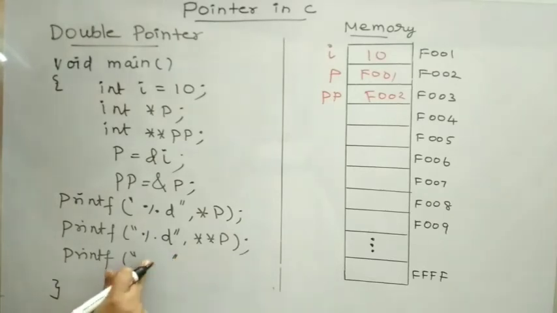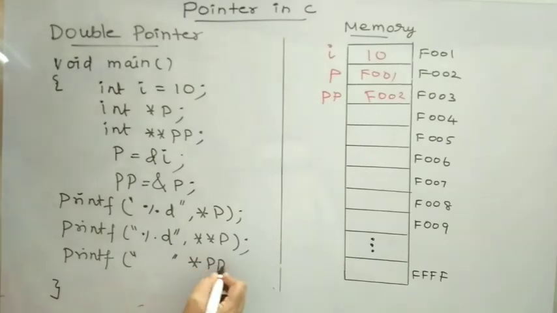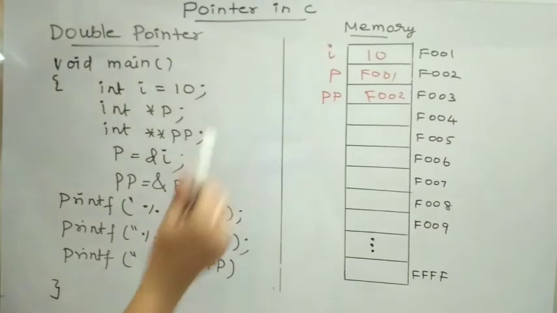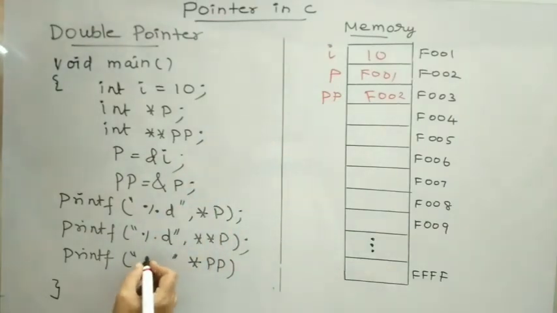We need to find out what the control string is. If I use this *pp, what is the content of pp? The content of pp is a memory address. So I will use the control string %x. Let me check what the output is when I execute these 3 printf statements.